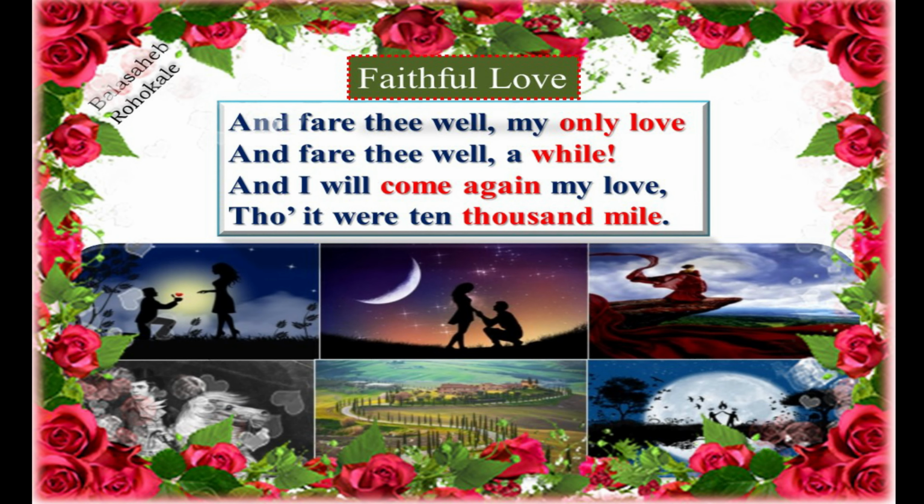In the next stanza, the poet expresses his faithful love. At the end of this poem, the speaker appeals and assures his beloved. He says to her that he is going to depart from her for a short period of time. The reason to depart is not given in the poem, but he assures her that he will return soon.